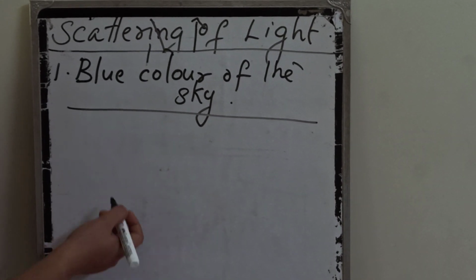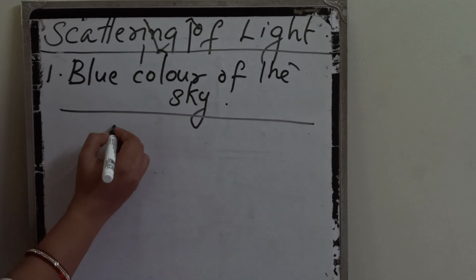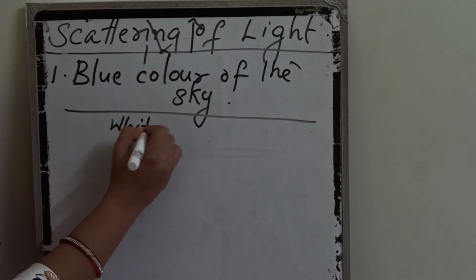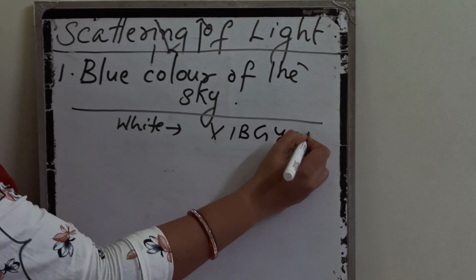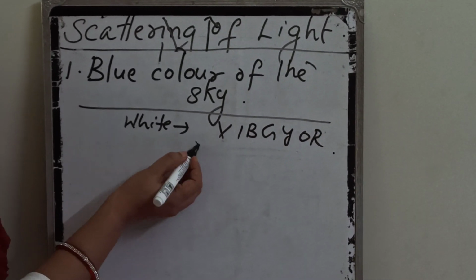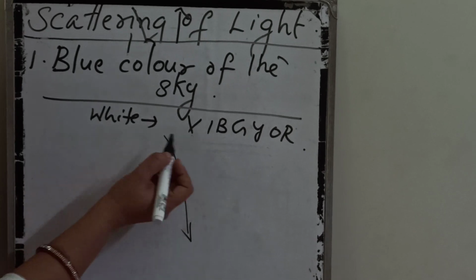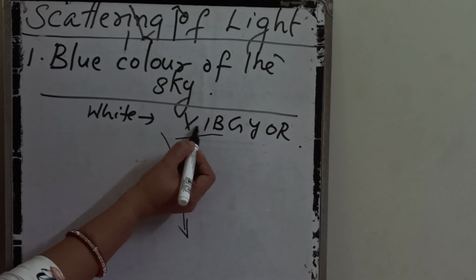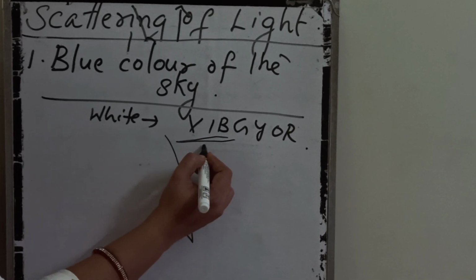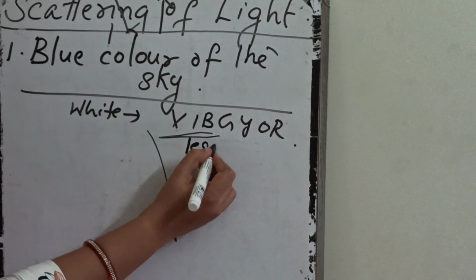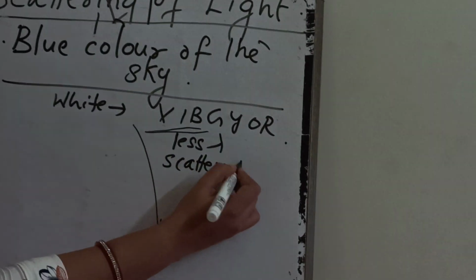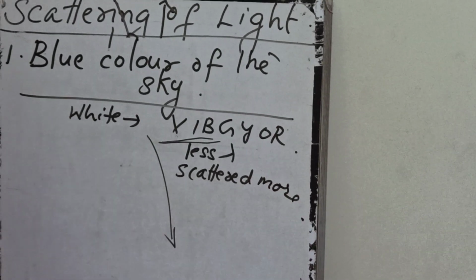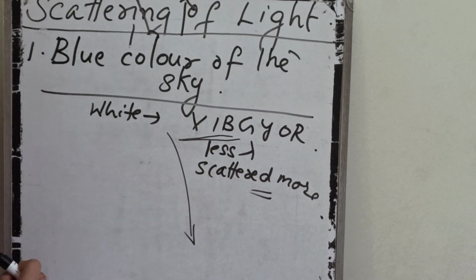You all know that when light travels through the atmosphere, white light, it consists of 7 colors. So, when light travels through the atmosphere, what will happen? This region, that is violet, indigo, blue region, having the less wavelength region, will be scattered more. Isn't it? Will be scattered more.